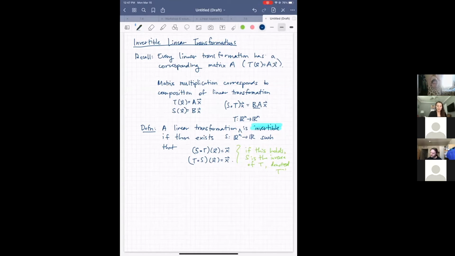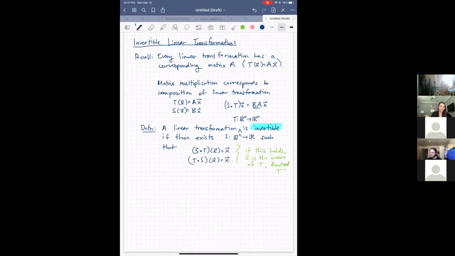Okay, and then given that we have this info that a linear transformation corresponds to a matrix and multiplication corresponds to compositions of linear transformations, it shouldn't be too surprising. We could check, but I'm going to skip over that part.